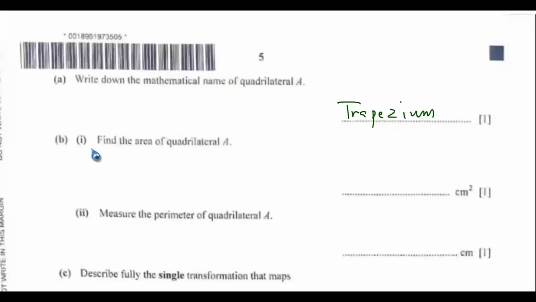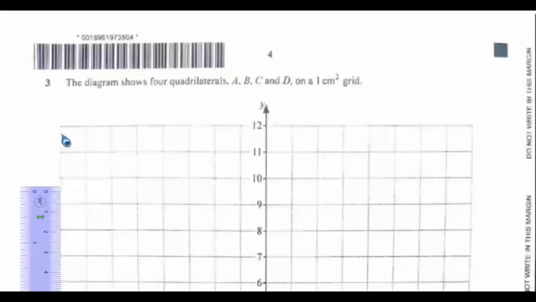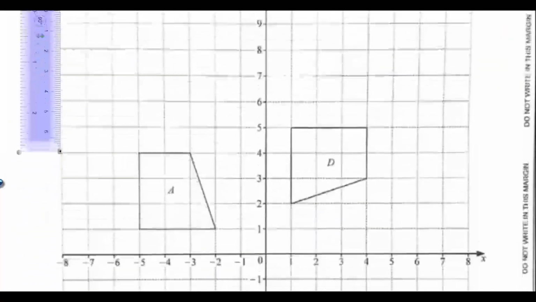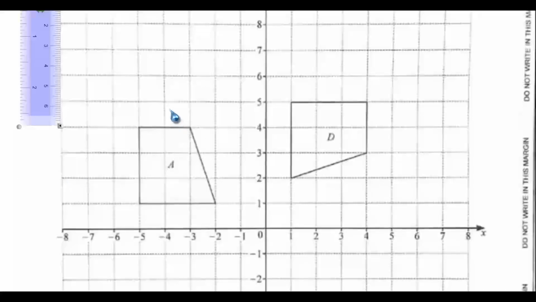Part B, from figure 1, find the area of quadrilateral A. The area equals half times A plus B times H. If this side is length A, this is length B, and this is the height, the area equals A add B multiplied by H, everything over 2.